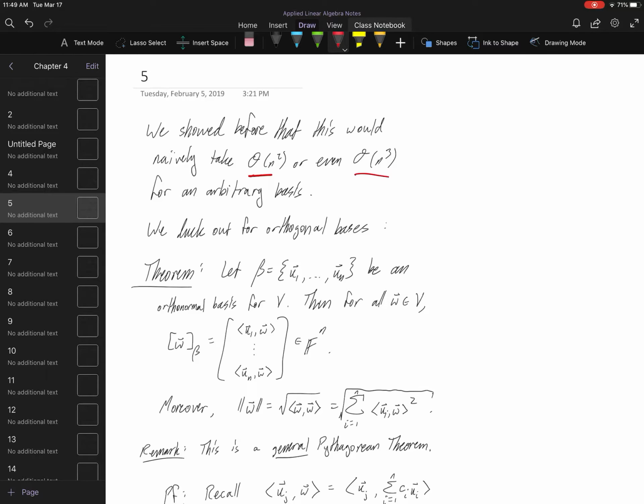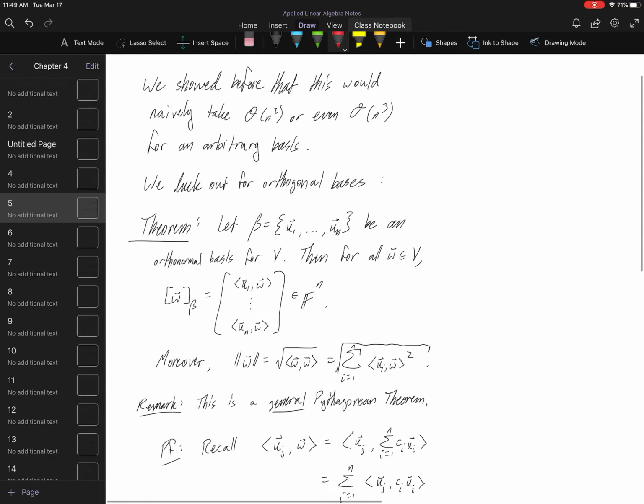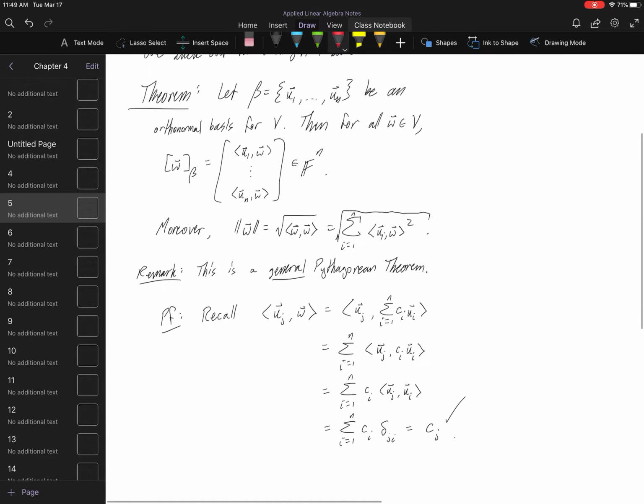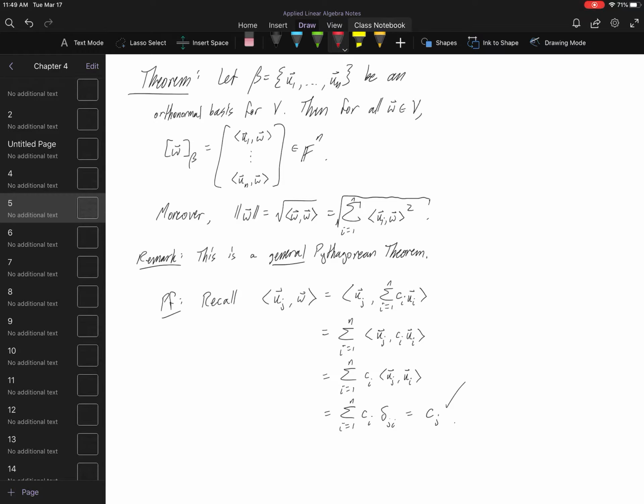But for orthogonal bases, we actually don't have to do too much work at all, as it turns out. If we are fortunate enough to have constructed an orthogonal basis, or even an orthonormal basis, then we can compute the coordinates of a vector readily, just by using the inner product.